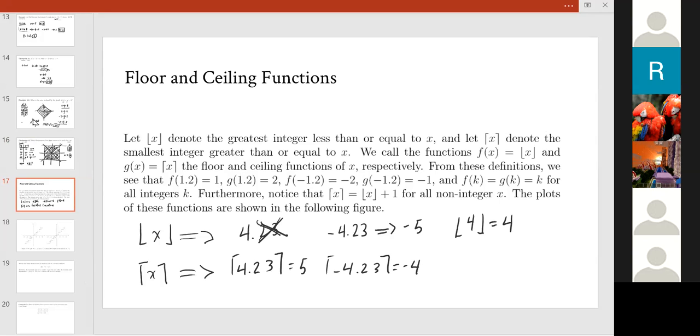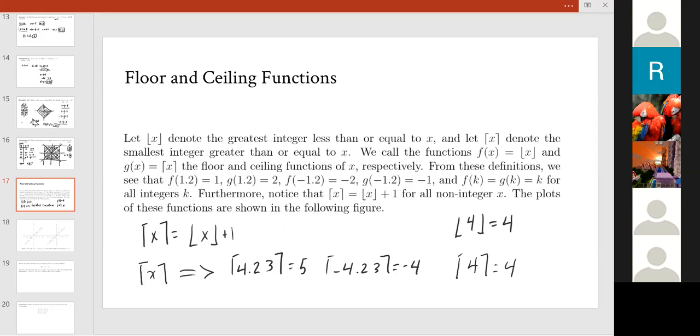And then again, for integers, the ceiling is just going to be itself. And then we have the property that for all numbers that are not integers, the ceiling of x is equal to the floor of x plus 1. And then for integers, we have the ceiling of x is equal to the floor of x, which is just equal to x.